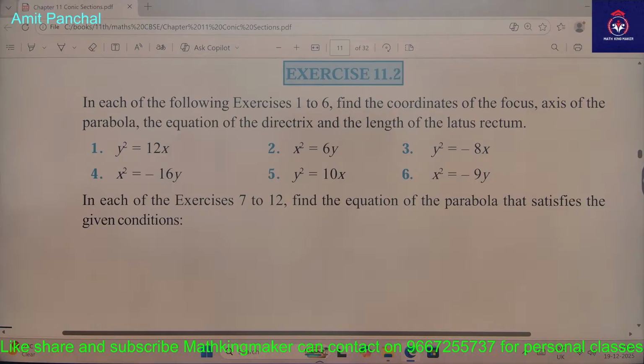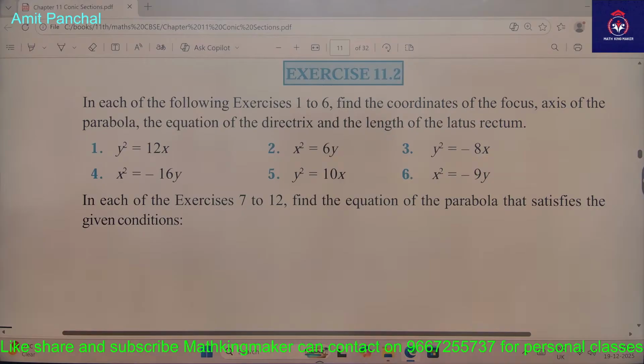x square equals... Thank you, sir. 4 into, wait, minus 4, 4, 8. So a equals to minus 9 by 4. So it's on y-axis.